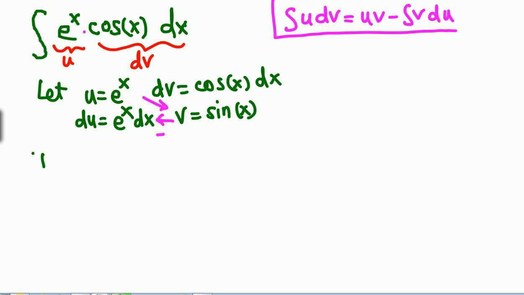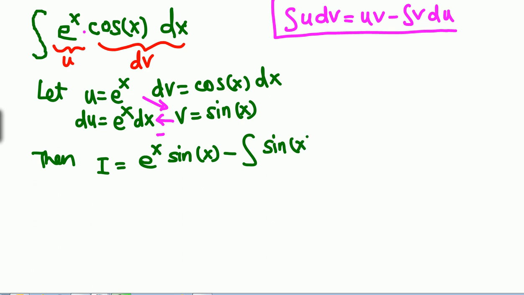Then the whole integral, call it I, equals, using this formula, u v, which is e^x sine x, minus the integral of v du, which is sine x times e^x dx.